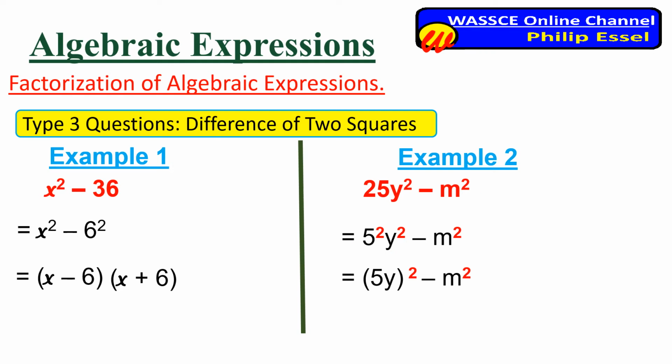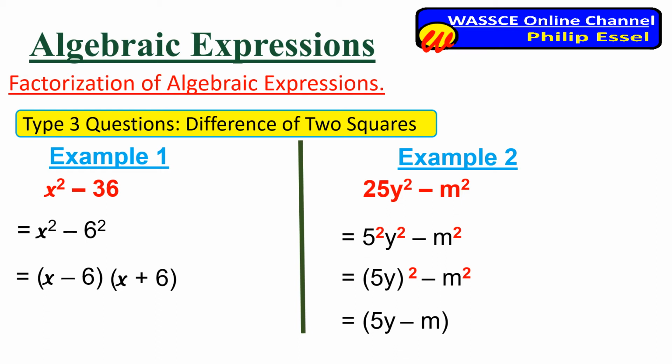And now we have the difference of two perfect squares, or the difference of two squares. The first perfect square is 5y all in brackets squared, and the second perfect square is m squared. So first, the two items 5y and m, we are going to take the difference of the two items. So first we would write 5y minus m all in brackets.